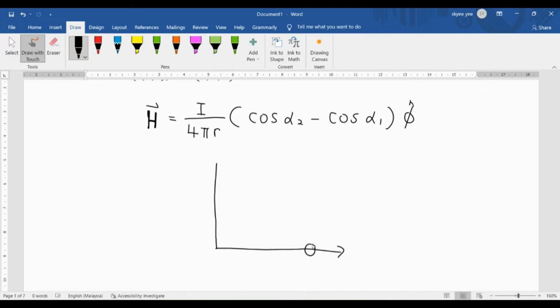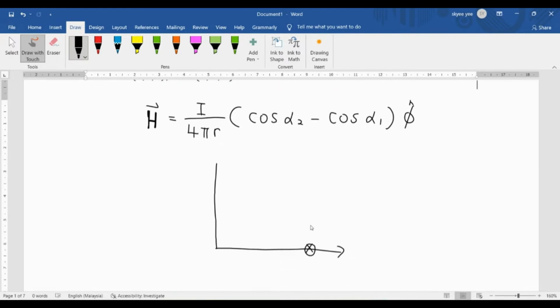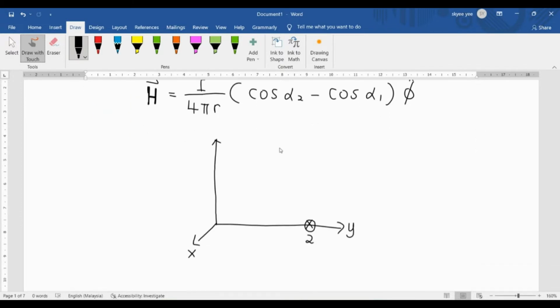It is located here. This is 2, this is the y-axis. This is 2, this is the x-axis. Your current filament is along the z-axis and the I is 5 ampere, from 1 to 6.